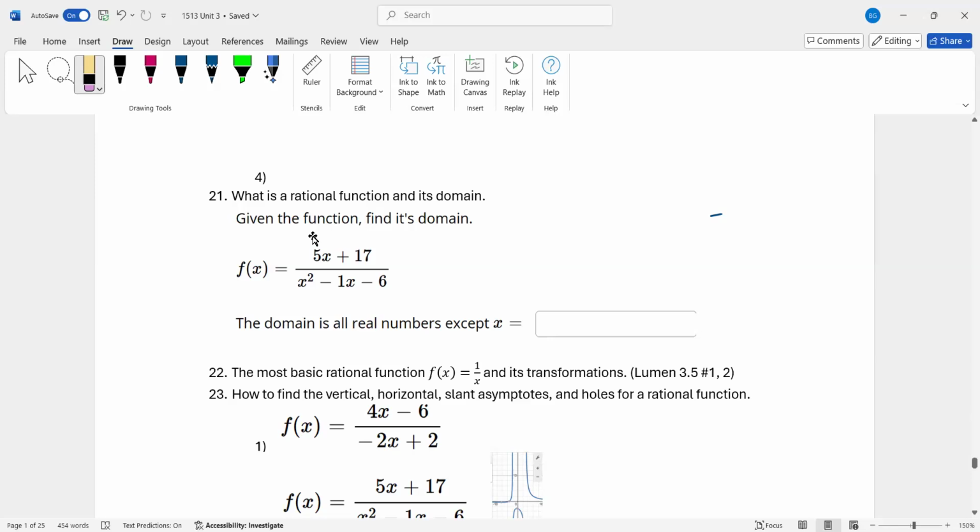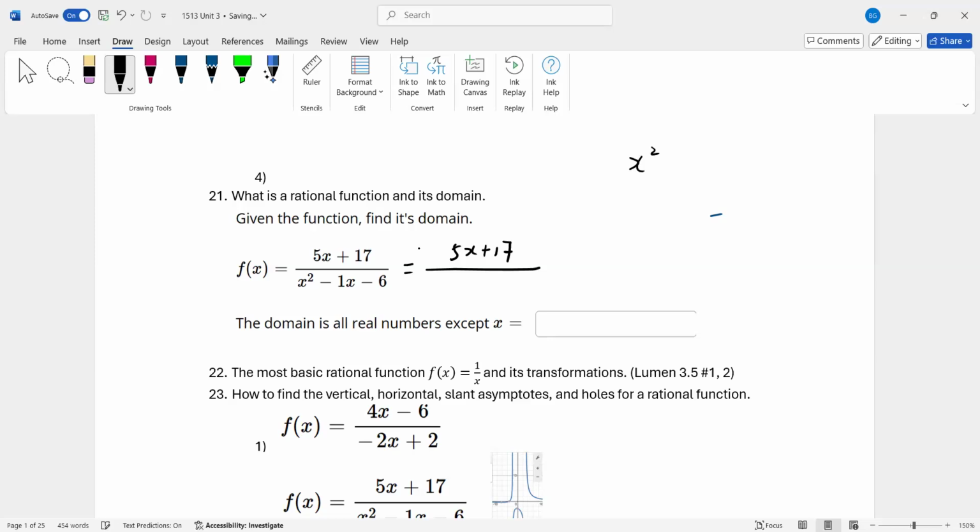But the story is different when it comes to a rational function, because there's a denominator. We all know the denominator cannot be zero, right? Let's look at the 21 here. How do we find the domain for this rational function? The important thing is we consider the denominator. x cannot assume certain values that would make the denominator zero. So for that purpose, we normally have to factor the denominator if the factorization is possible.